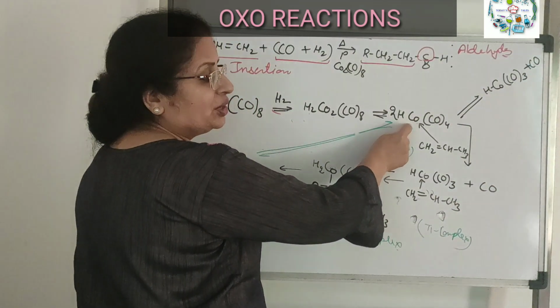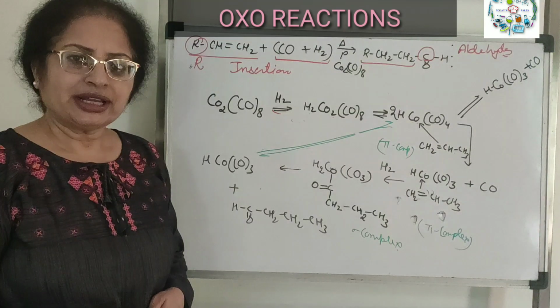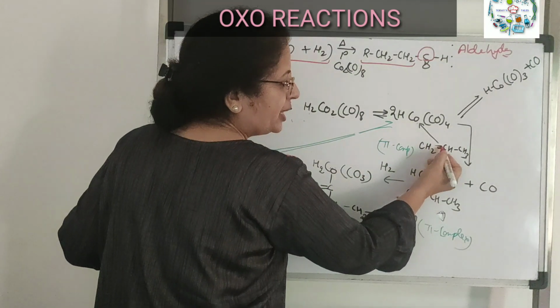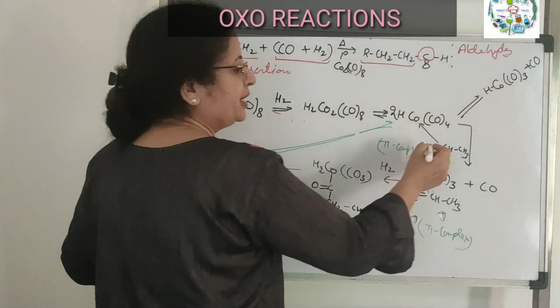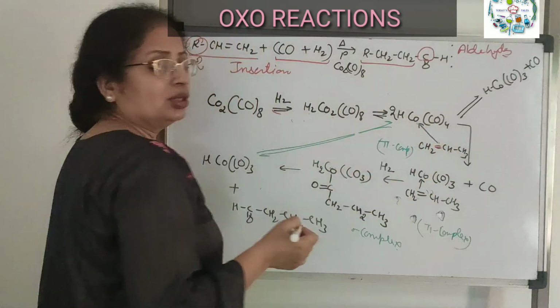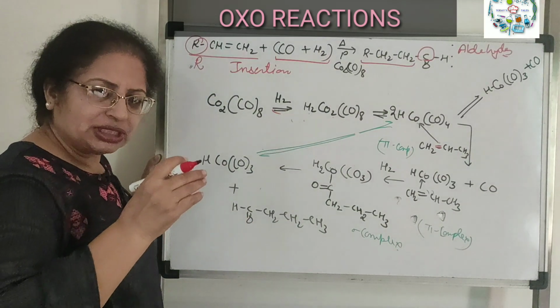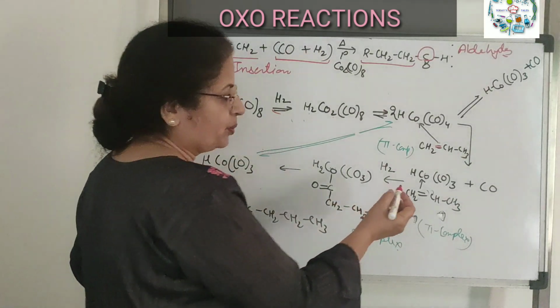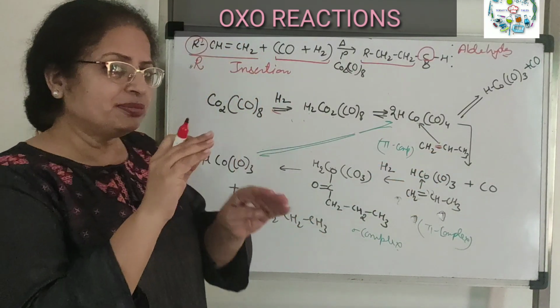And when this molecule reacts with terminal alkenes, what happens? This double bond has pi bond, means pi electrons. These pi electrons are donated to cobalt, and there is a pi bond formation. It is called pi complex also. So it will form pi complex. There is a Lewis acid base reaction.